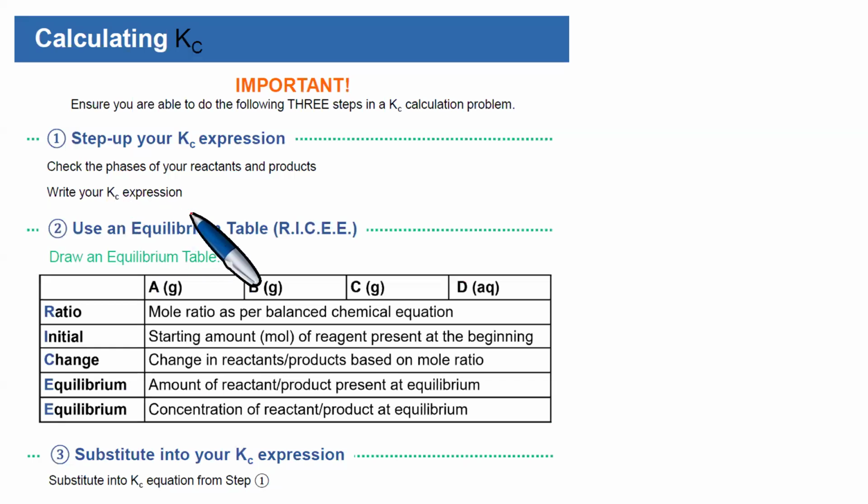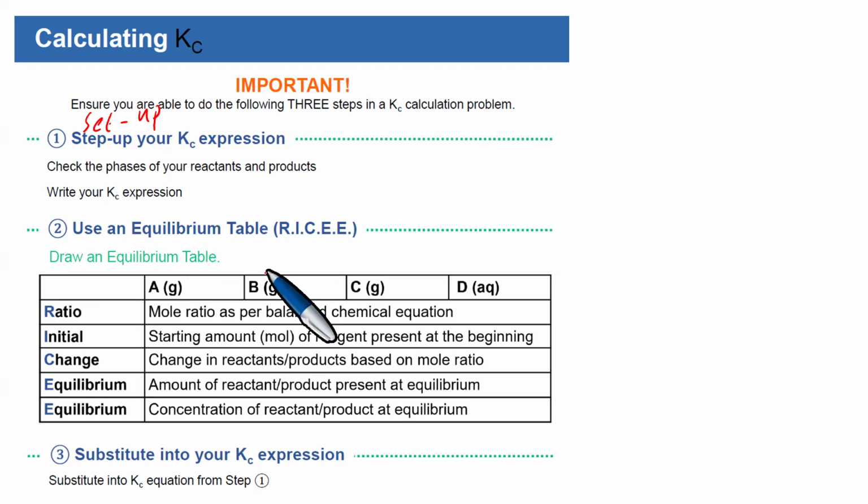Write your Kc expression. So if you need to set up your Kc expression, you need to check the phases of your reactants and products, and be in a position to write your Kc expression there. This is very important.